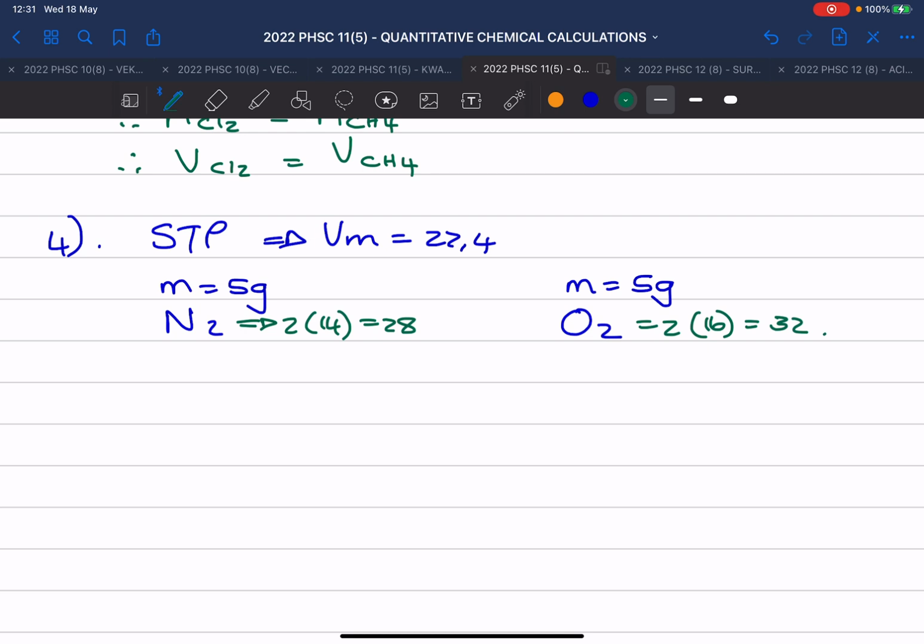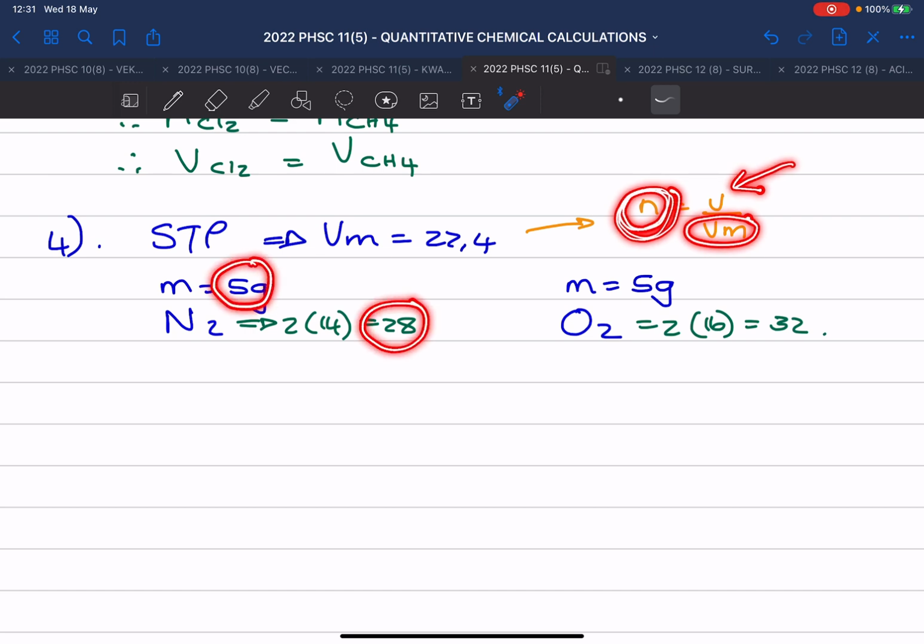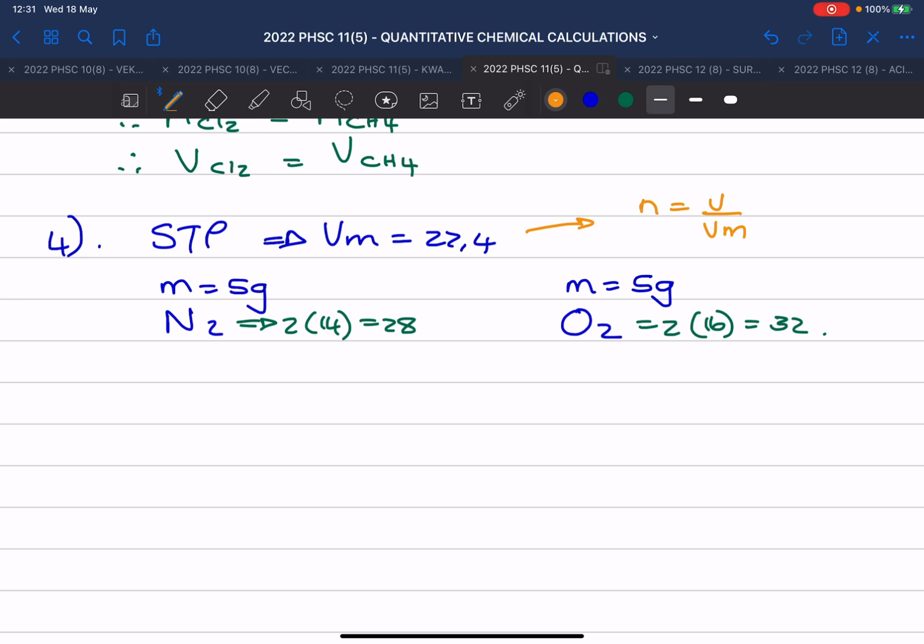Okay, and you have to prove which one has the biggest volume at STP. So to calculate volume, mole is volume over volume at STP. If we need to calculate the volume, then we must first get the mole. For mole, we need the mass and the molar mass. So for both of them, just write mass over molar mass is equal to mole is equal to volume over volume at STP.